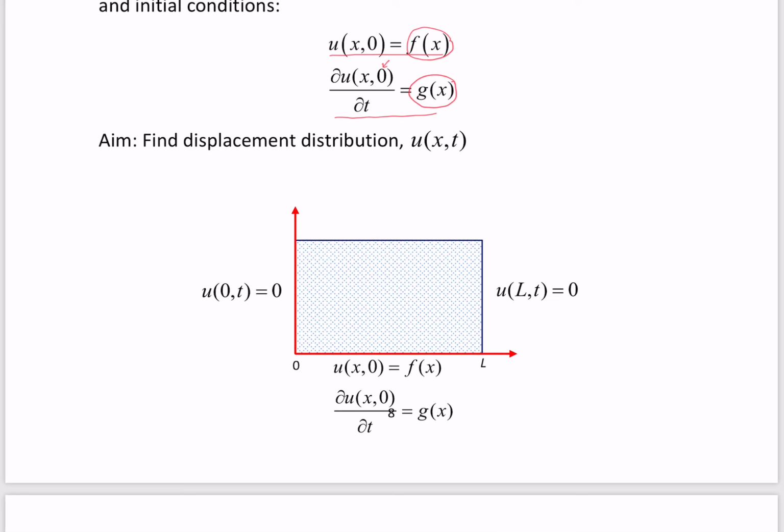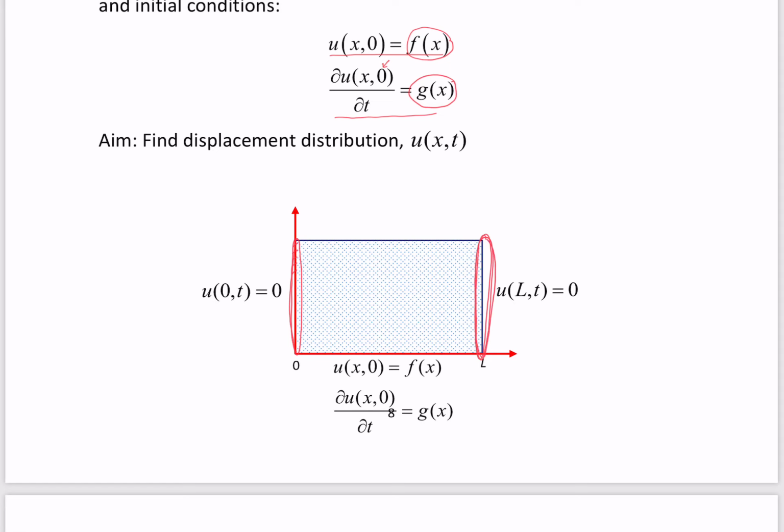And if we draw our wave equation or our domain, it will look like this: at the left end and also at the right end we have a boundary condition. Everything here on the left is the left end boundary condition, while at the right, at x equal to L, is our right end boundary condition.